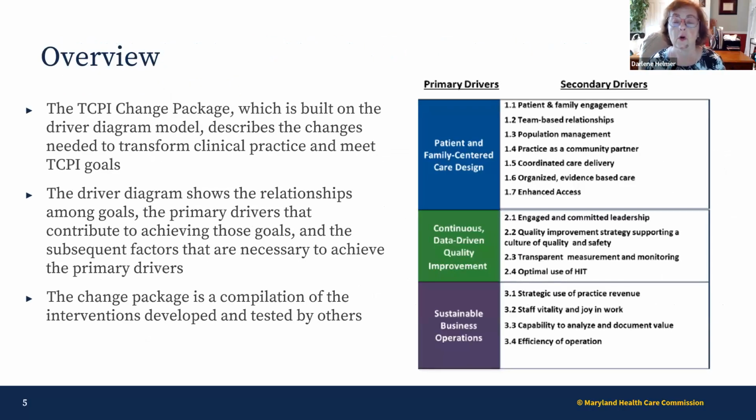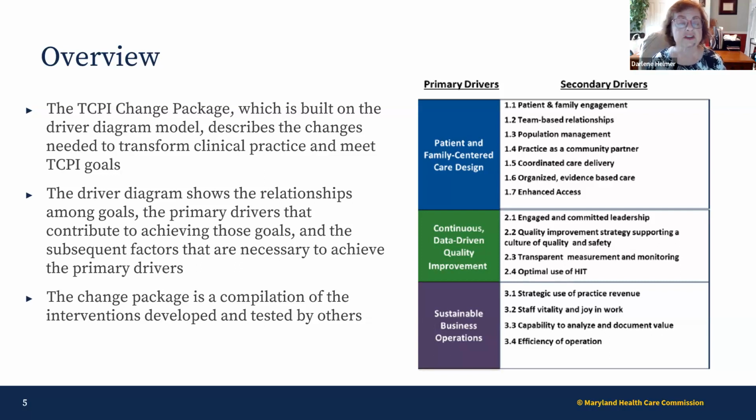So go back to the overview of everything that we have been working on over the last year. The change package, which is built on this driver diagram model, describes all the changes needed that will transform clinical practice and meet those goals. Today we're looking at the practice as a community partner and coordinated care delivery.